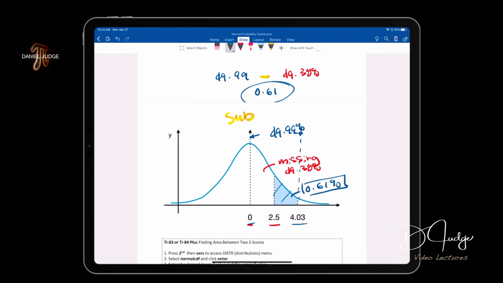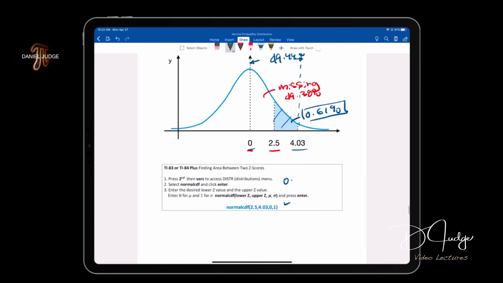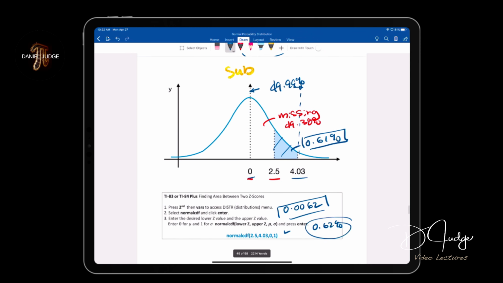The TI gives you a probability value, so I get 0.0062, and that gives me 0.62%. These are approximate, because 4.03 is really far from 3.10.